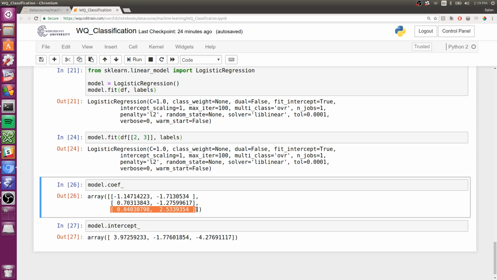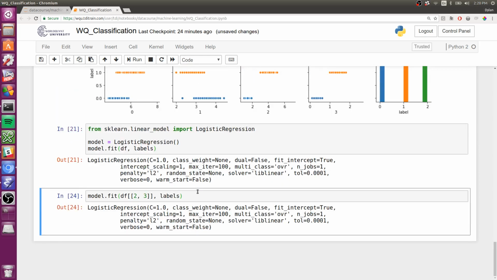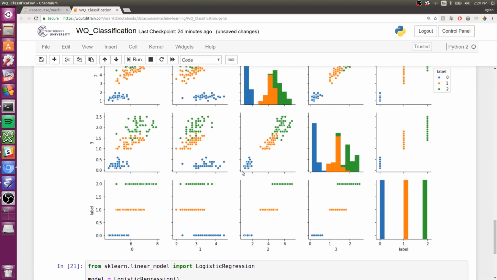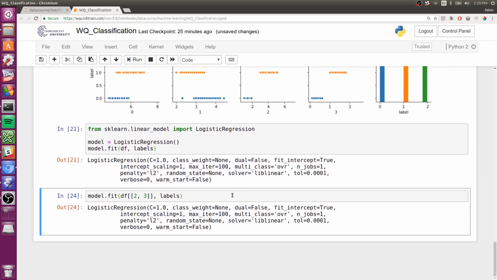Okay, so maybe I want to do this a somewhat different way. I'm not going to do it analytically, I'm going to do it computationally. So what I'm going to do is create a grid of points and make predictions for each point in the grid, and then by plotting them we'll see the boundaries.